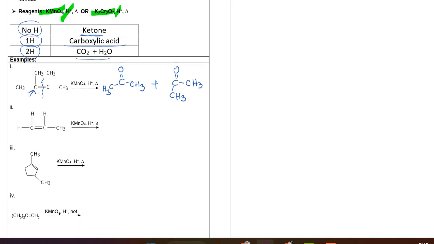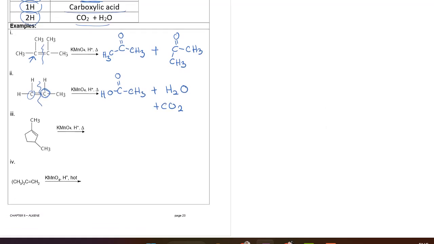For this one in acidic medium, it will break. This carbon has two hydrogen, so it will produce carbon dioxide and water, while this carbon has one hydrogen, so that carbon will become carboxylic acid.